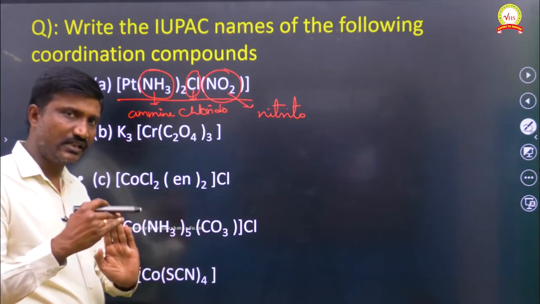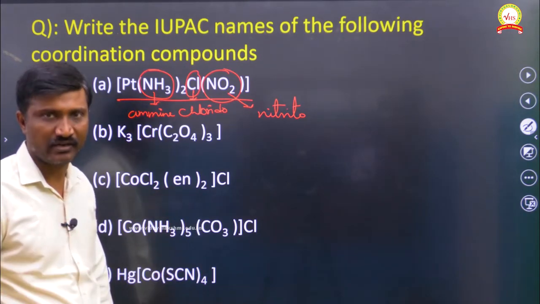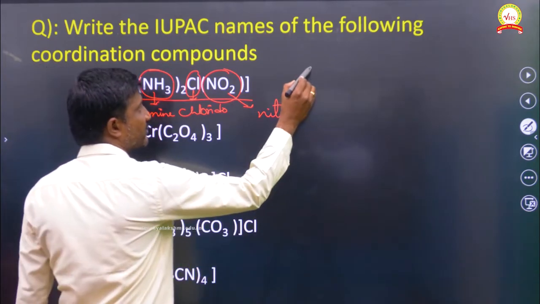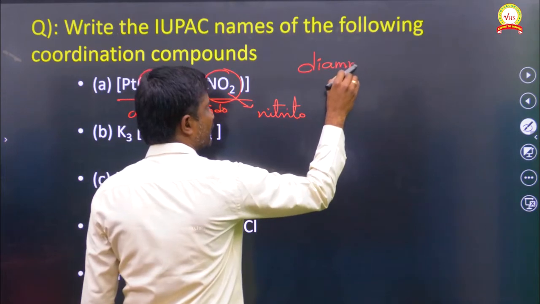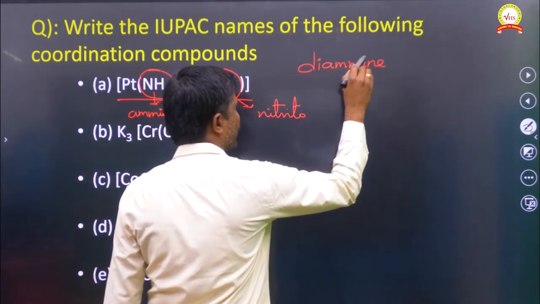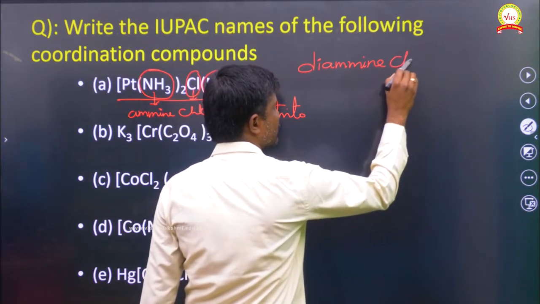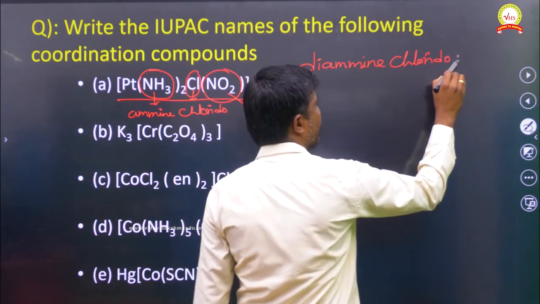When we write the ligand name, we have to indicate the repetition also if it repeats more than once. Here ammonia is repeating two times, so the name is diammine. We are writing the first ligand name: diammine. After that chlorido, only one is there. And after that nitrito.